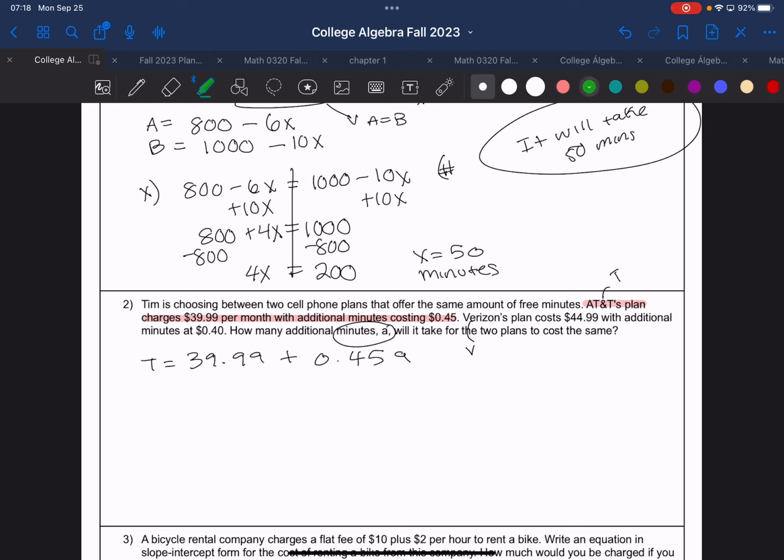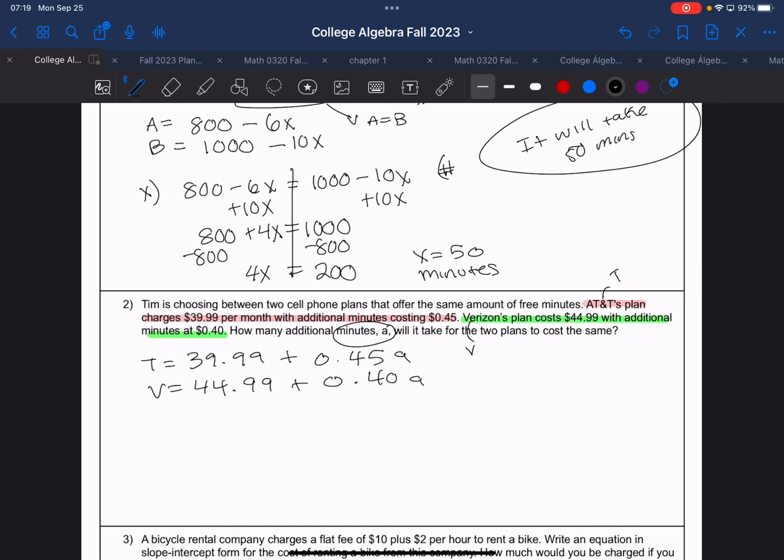Then it says Verizon's plan costs $44.99 with additional minutes at 40 cents. What would that equation look like? Perfect. V is equal to $44.99 plus 0.40A. Okay.